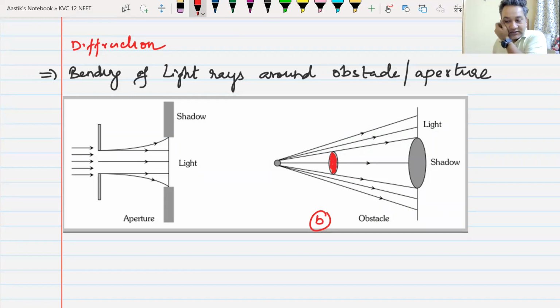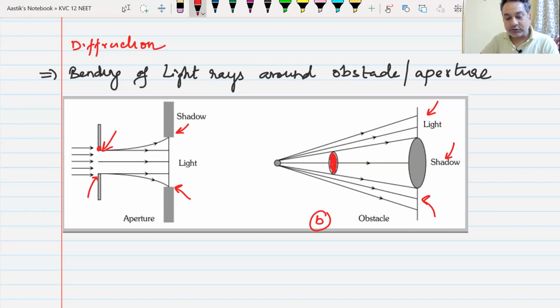When light encounters this small obstacle, you will see a shadow here and you will see light on the other side. That means light has bent. Similarly, if light encounters any opening, it will again bend and spread out. This bending or spreading out of light rays when it encounters any obstacle is known as diffraction.